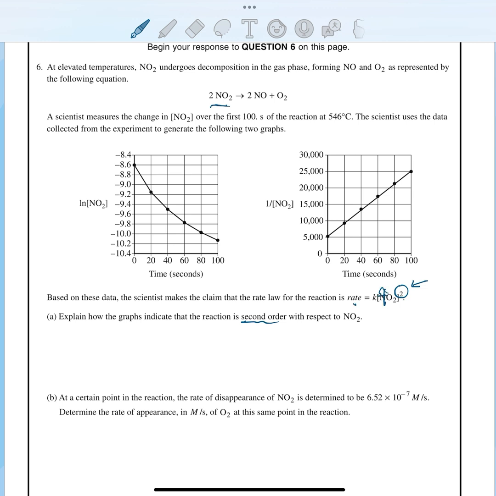So if I increase the amount of NO2, this will have a big impact on rate. It'll actually quadruple the rate. In terms of these graphs, the most simple kind of graph is a regular concentration over time graph. For a second order reaction, it'll always be some sort of exponential decay.